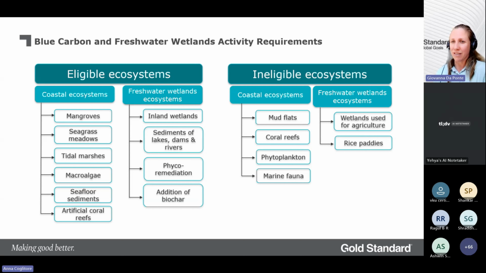Non-eligible ecosystems under this framework also include freshwater wetlands used for agriculture, or even rice paddies, which are considered non-applicable under these blue carbon freshwater wetlands activity requirements. Next slide, please.